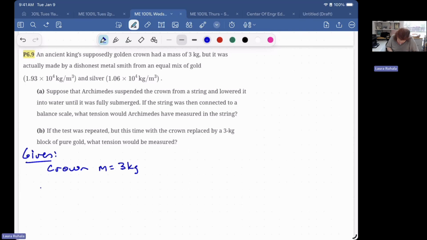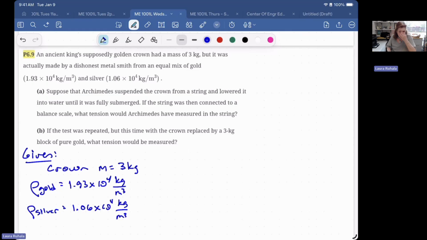And we know that the density of gold is 1.93 times 10 to the 4 kilograms per cubic meter. And then the density of the silver, slightly less dense, at 1.06 times 10 to the 4 kilograms per cubic meter.